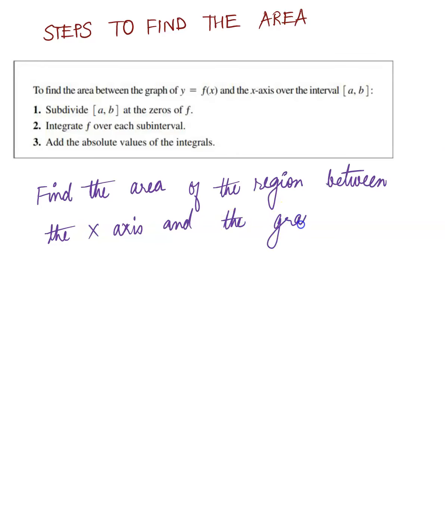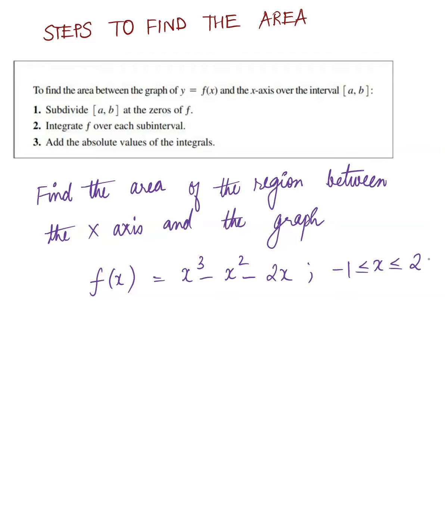The description is for the area that you have to find. So it's between the x-axis and the graph. That's what it says. So f of x is x cubed minus x squared minus 2x, from negative 1 to 2. Okay, that's your interval. Usually they'll give you just this much information.